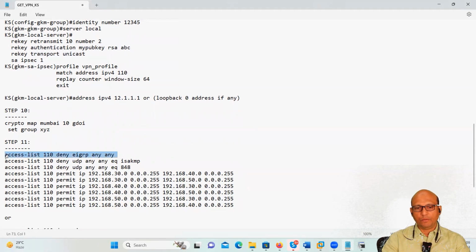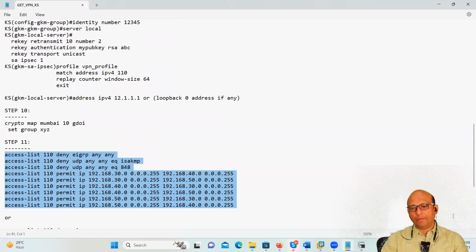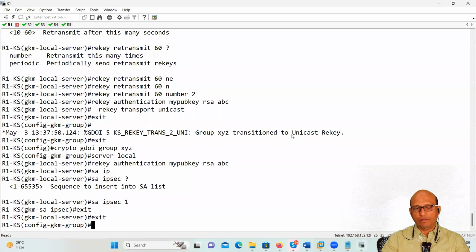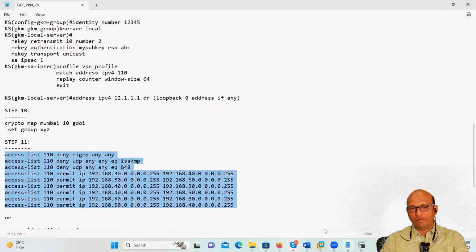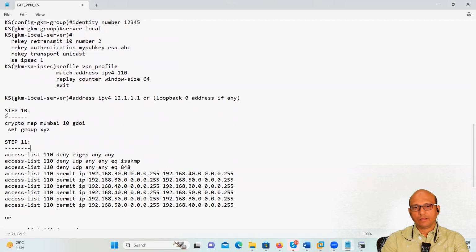Don't encrypt any other protocol. Just encrypt 30, 40, and 50. So if I say deny, they won't be encrypted. If I say permit, then they will be encrypted. So what I'll do first, I will set the profile.